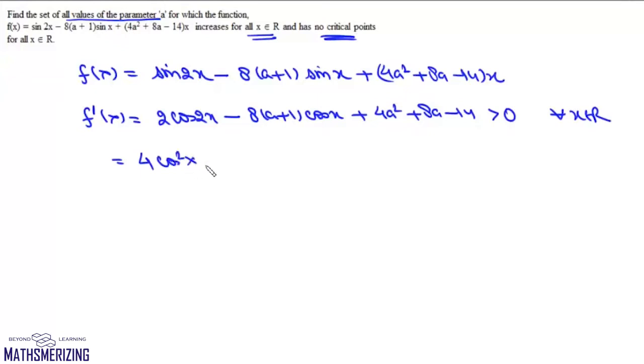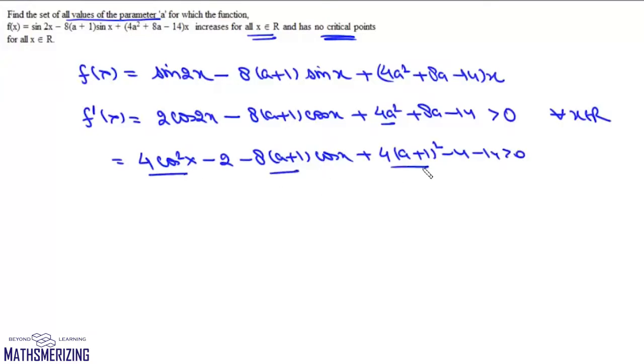Now we can write this as 4 cos² x minus 2 minus 8(a + 1) cos x, and here if we take 4 common, we can write this as (a + 1)² minus 4 minus 14, and it is greater than 0. Now we'll take these three together.